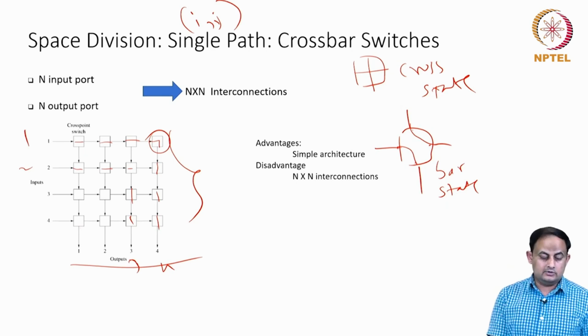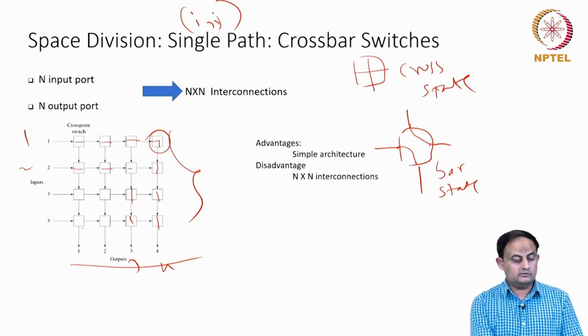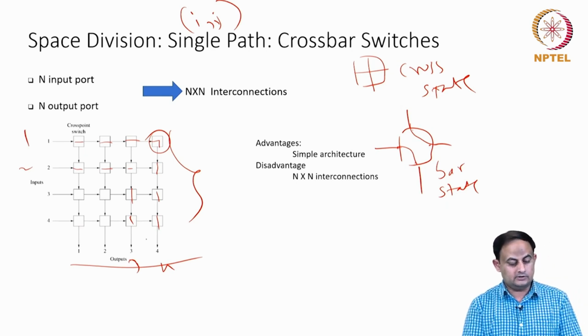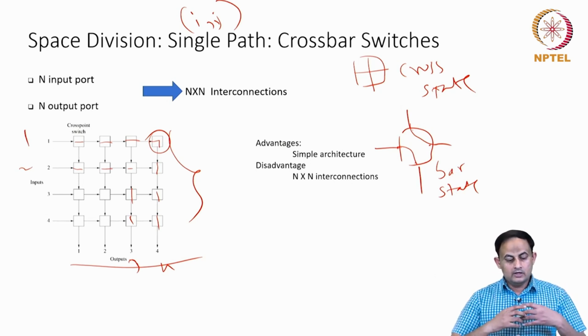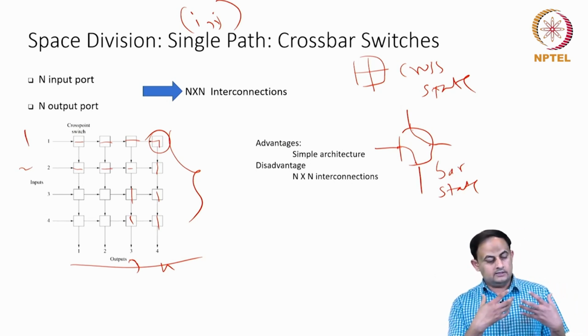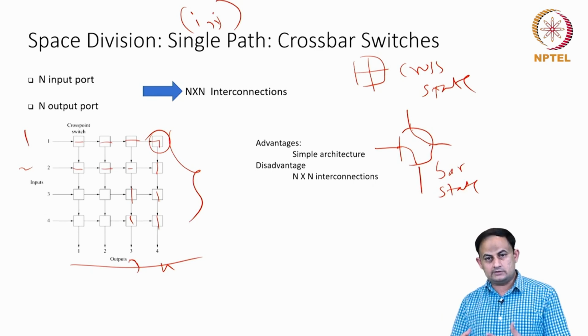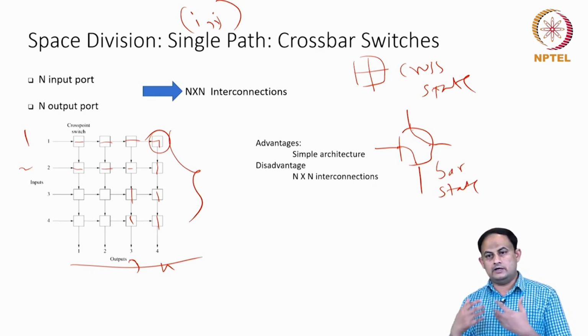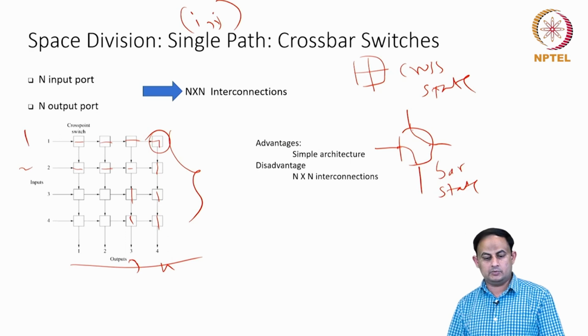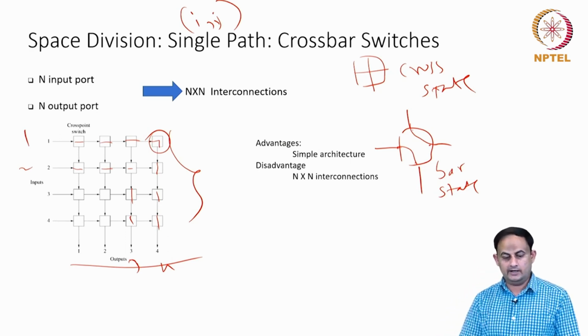It might also happen that 1 can send to 1, 2 can send to 4, 3 can send to 3, something like that. As long as the input and output pairs are different, you can still establish a unique connection from the input port to the output port and transmit the packet.